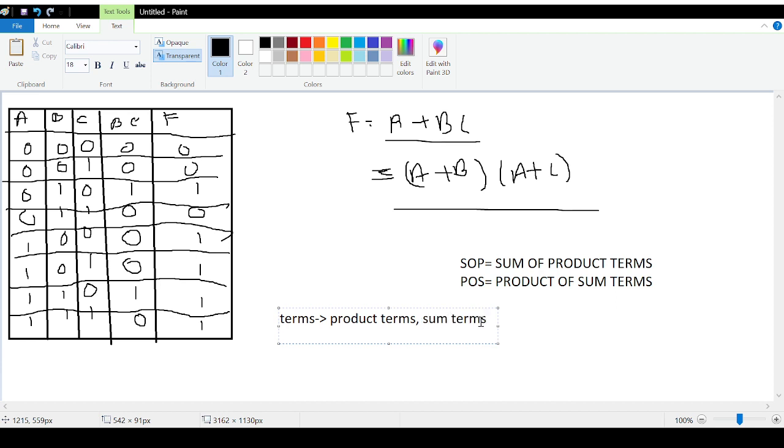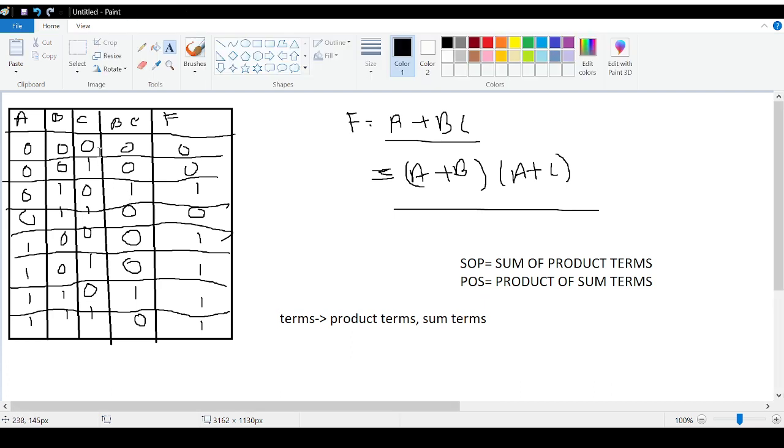So I can combine literals in two ways. If I want to write A, B together, A plus B is a term, and A and B is also another term. When the literals are combined using AND, it's called a product term.